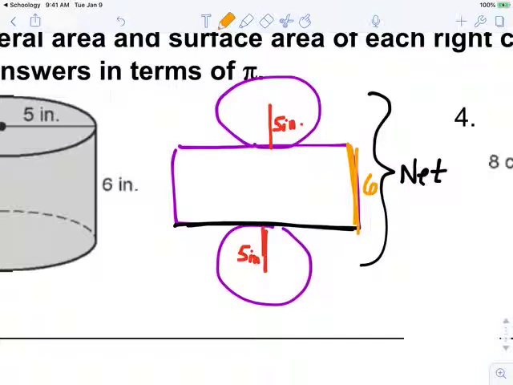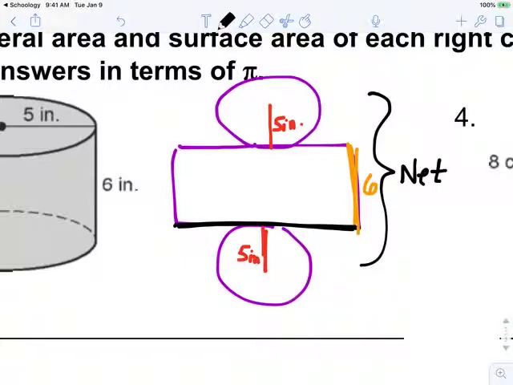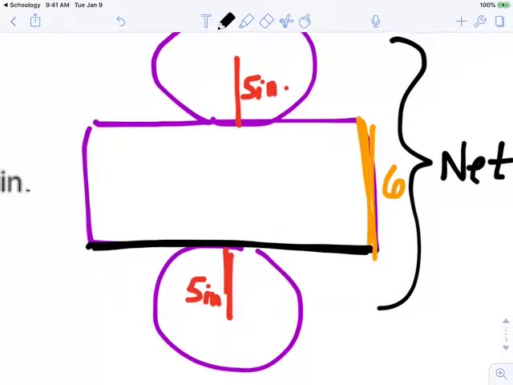Now, here's the tricky part. Now we're going to find the length of that rectangle. This is the tricky part. Anybody remember what it's going to be? It has to wrap around a circle. So I'm thinking back to the circle. What's the length around the circle? The circumference. Very good. 2 pi r.